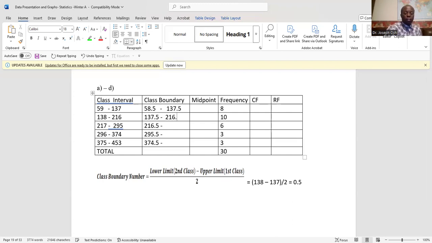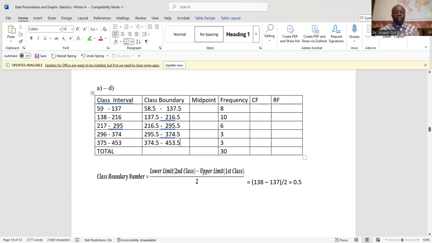Then 295.5, 374.5, and 453.5. So now that's the boundary right here.